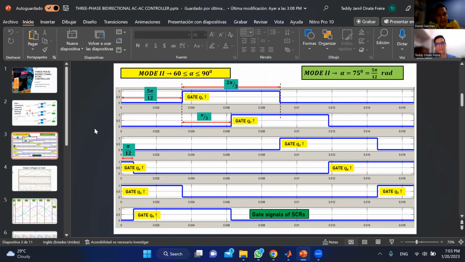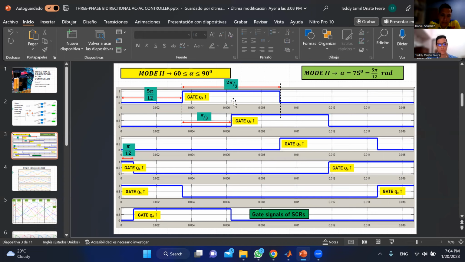Well, here we can see that our firing angle is 75 degrees, and we can see each pulse for the thyristors. Now here we can see gate one, and the angle is 75 degrees, and each pulse has an offset of 60 degrees, and the amplitude of each pulse is 120 degrees.